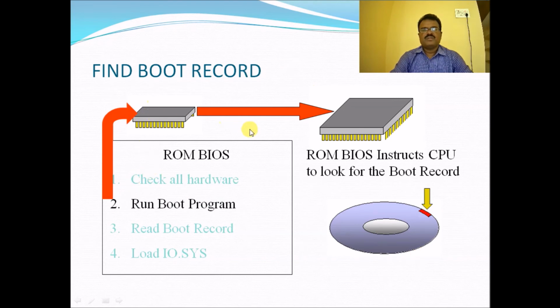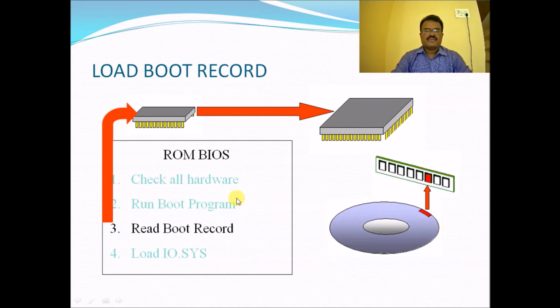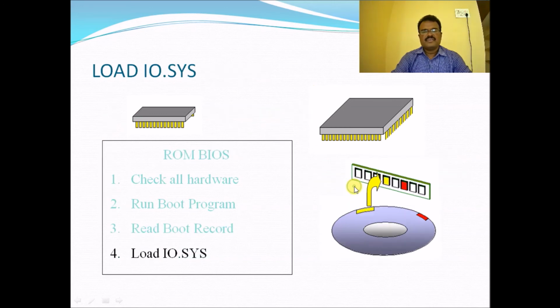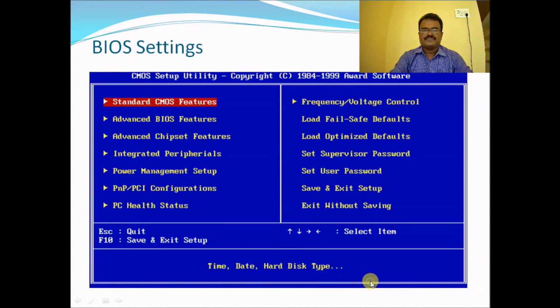Then in find boot record, it goes to the hard disk and finds the boot sector on the hard disk. BIOS instructs the CPU to look for the boot record, reads the boot record from the hard disk and loads it, and then loads IO.SYS, that is nothing but the operating system file, which will be loaded to the RAM. That is called booting.